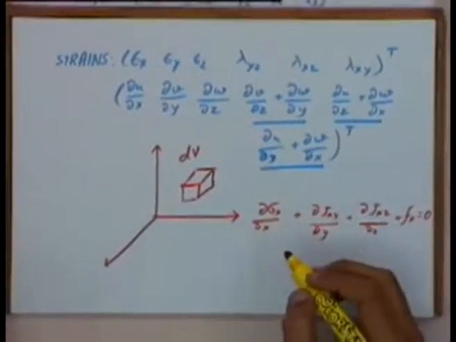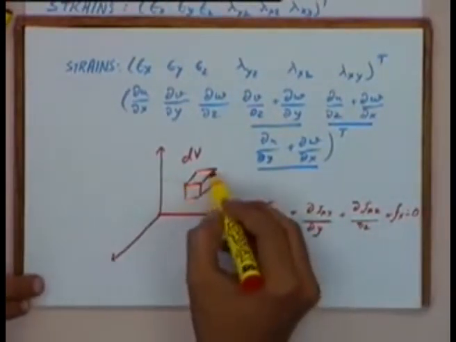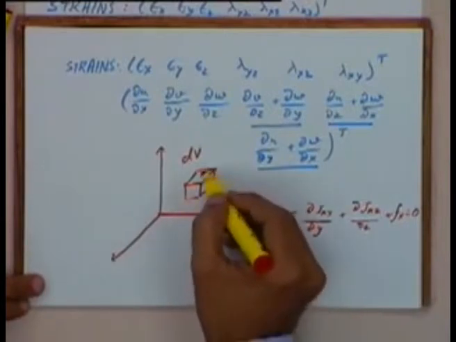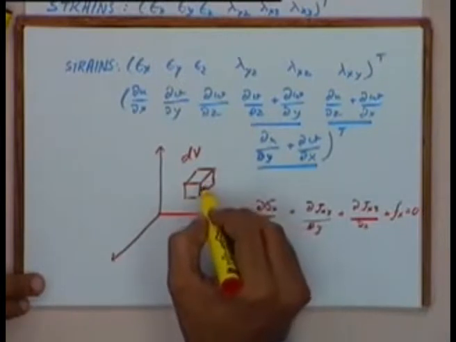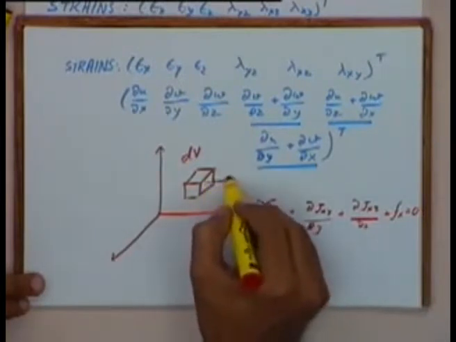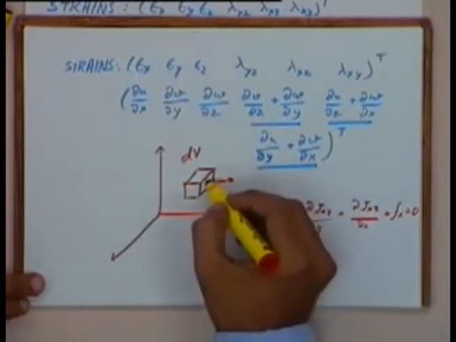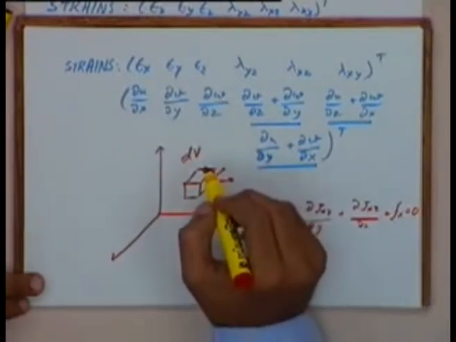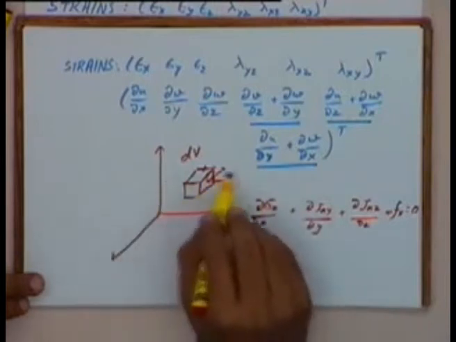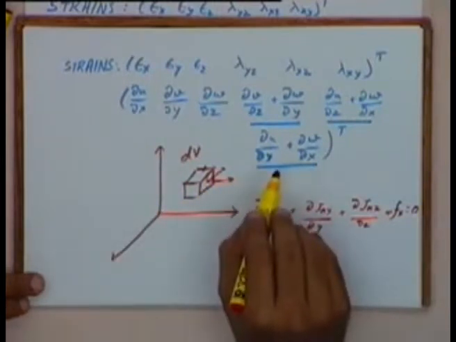This you must have done in your solid mechanics. You are taking this elemental volume, finding out the forces acting on all the faces. For instance, because of the stress sigma x, there will be force acting in this direction. Because of shear forces, there will be force acting in these directions, and so on all the faces. Plus, there will be an elemental body force.